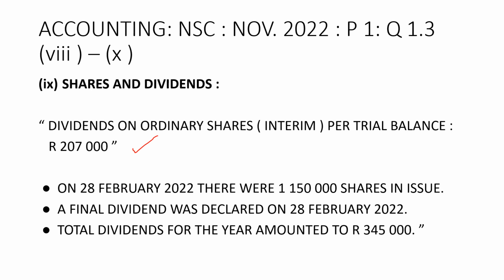On the 28th of February, there were 1,150,000 shares in issue, and a final dividend was declared on the 28th of February 2022. And your total dividends for the year amounts to 345,000. Learners, this figure is given to us.